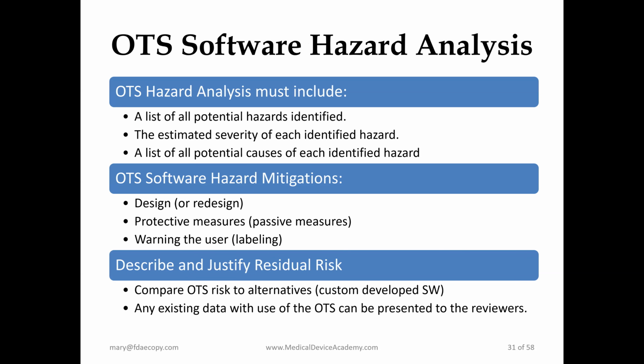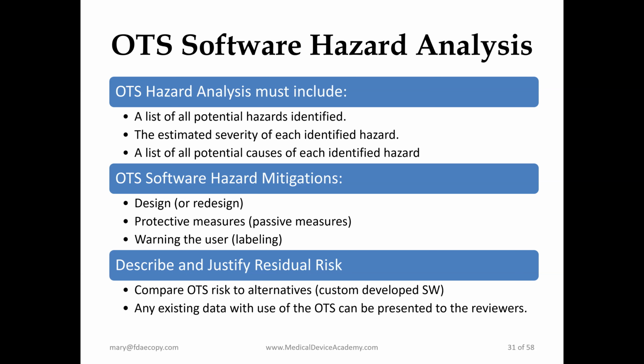So the off-the-shelf software failures, malfunctions, or misuse could present a hazard to the patient, operators, or bystanders. So you need to ensure that you're implementing adequate mitigations, and they define those as design mitigations, protective measures, or warnings.